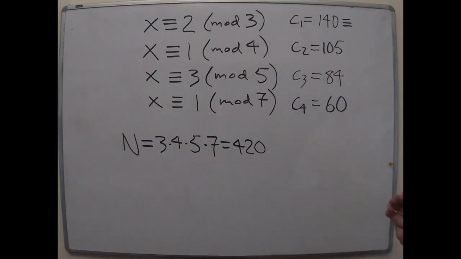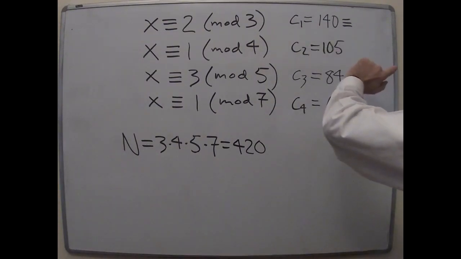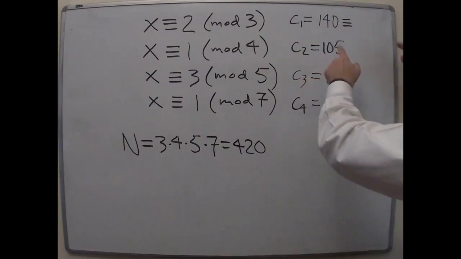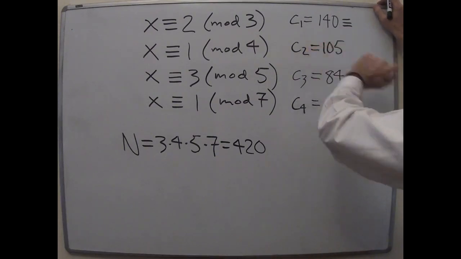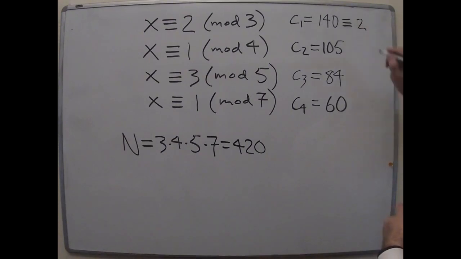Actually, the trick with adding the digits works in modular arithmetic too. So if you add the digits of this, you get 5, which is 2 mod 3. This guy's congruent to 2.